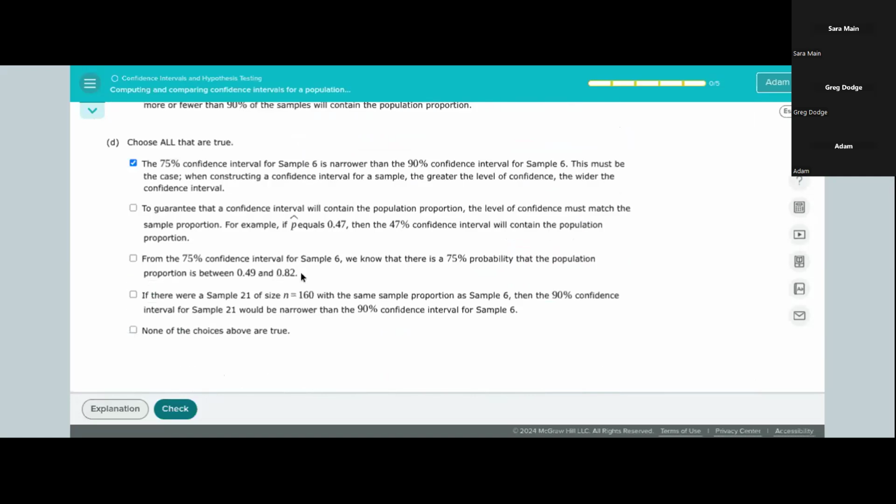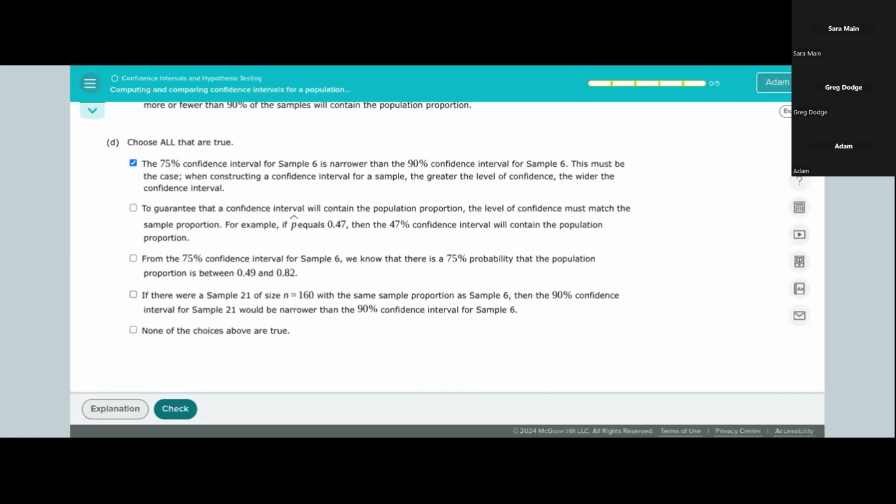Okay, let's look at the fourth one. If there were a sample 21 of size 160, so we're increasing the sample size, with the same sample proportion as sample 6, then the 90% confidence interval for sample 21 would be narrower than the confidence interval for sample 6. So this is a great question. This has to go back to changing if all else stays the same, which is what they said, except for the sample size.